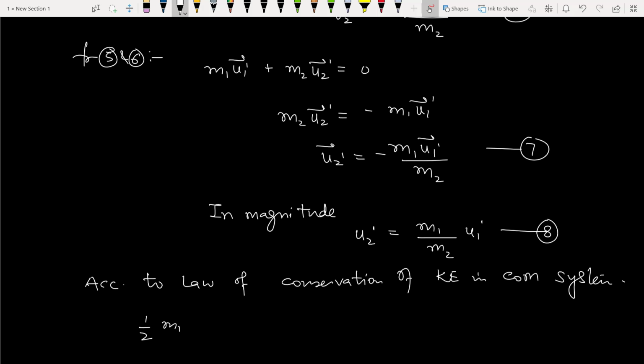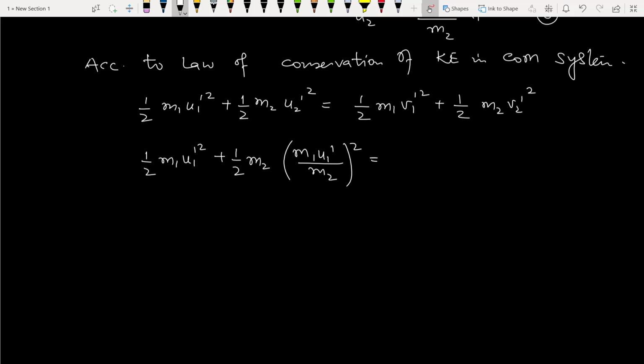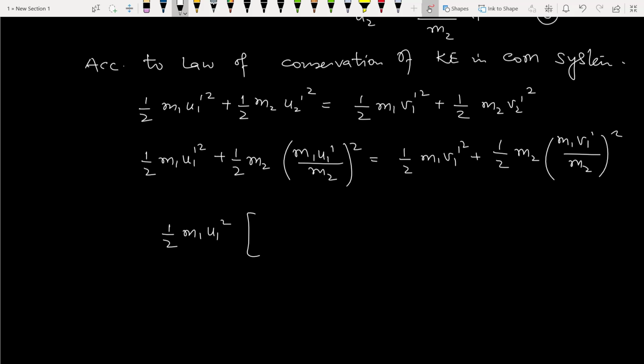So initial energy, final energy, so if we substitute the various values, this we take common, 1 plus m1 by m2.